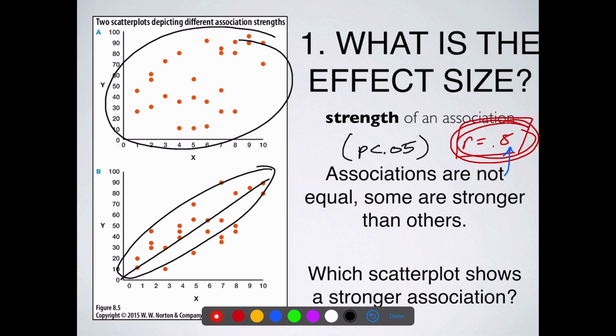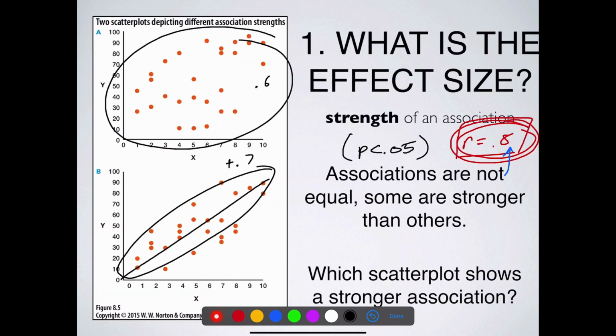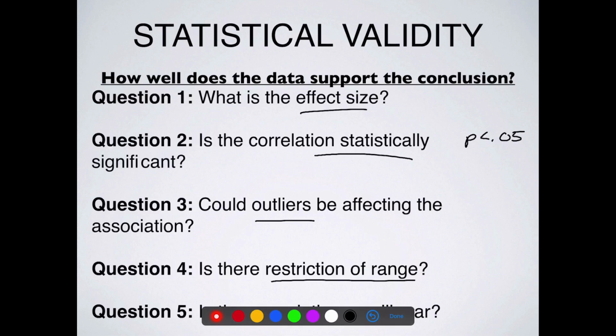Here I'm going to guess maybe it's a point, well, actually it would be positive, 0.7, maybe 0.8. Here, maybe 0.6, maybe less, right? Actually, if this is 0.6, then actually it probably would be weaker than that. Sorry about that.